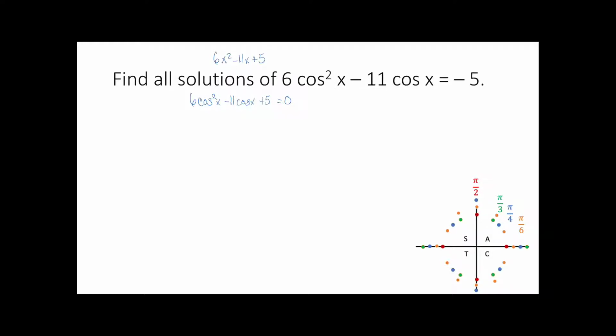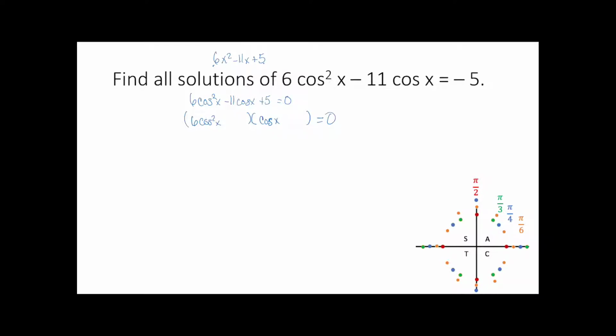Most of these are going to be easily factorable. We know 6 plus 5 gets us 11, so let's start with 6 cosine of x and cosine of x. Of course, you could multiply the 6 and 5 together, and ask yourself what are factors of 30 that will add to become a negative 11, and work it out that way by factoring by grouping, but these will usually be a much simpler type of problem.